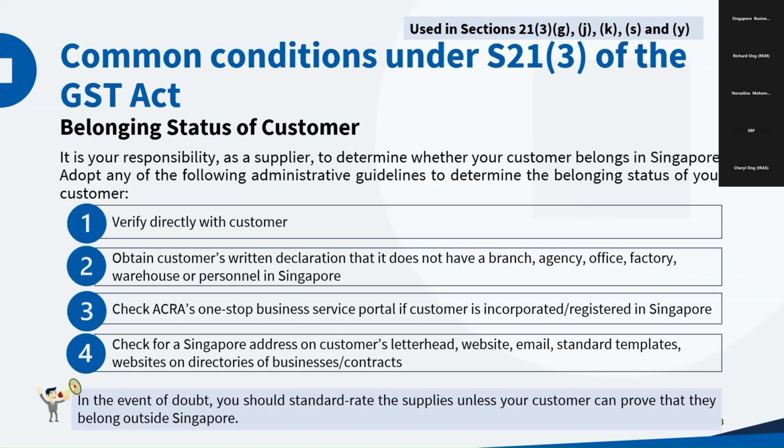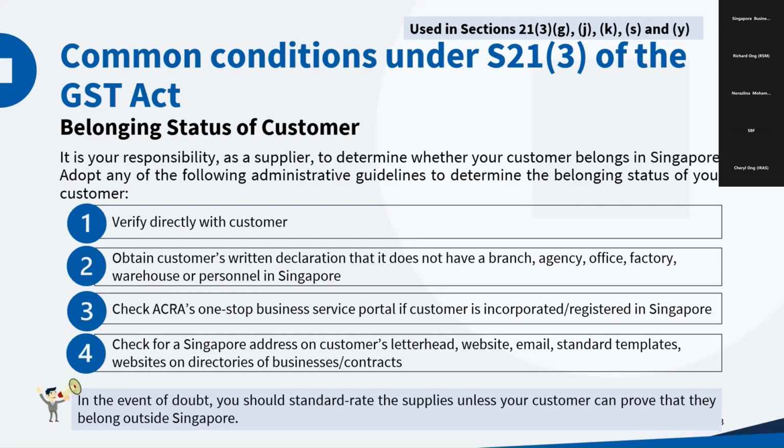So you may be thinking, how am I supposed to know all this about my customer? For ease of compliance, you may adopt any of the following administrative guidelines to determine the belonging status of your customer. First, you can verify with your customer directly. Second, you can get their written declaration that they do not have a branch, agency, office, factory, warehouse, or personnel in Singapore.